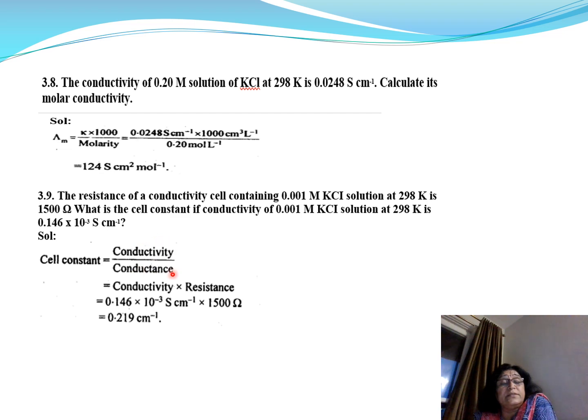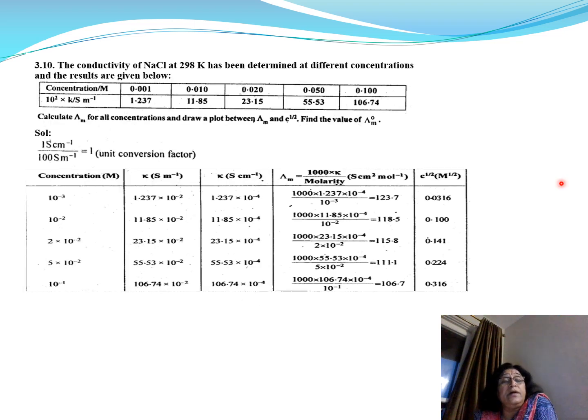Conductivity upon conductance, or conductivity into resistance. So conductivity is given, 0.146. Resistance is given, 1500. So cell constant will be 0.219 centimeter inverse. Clear?